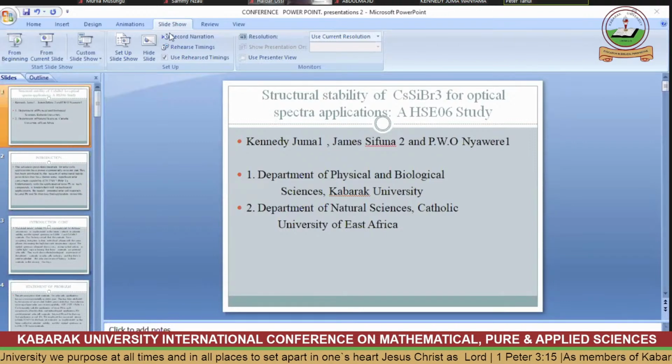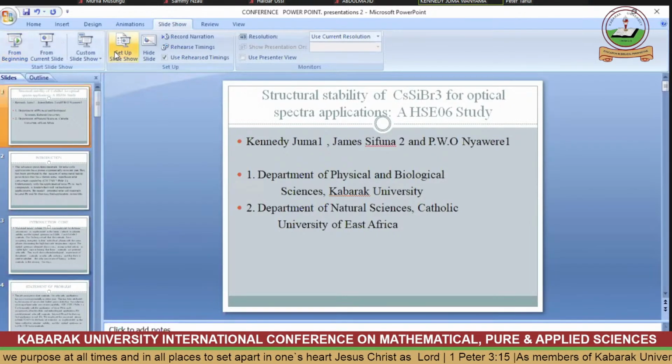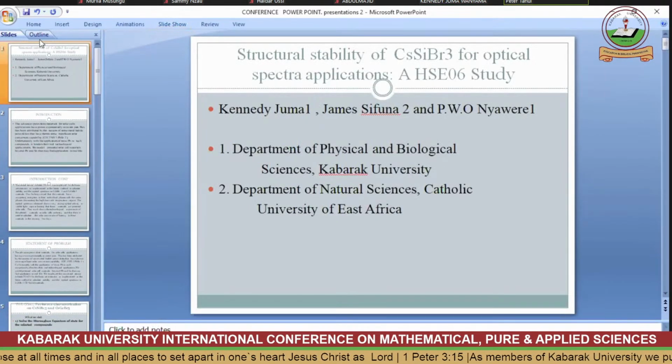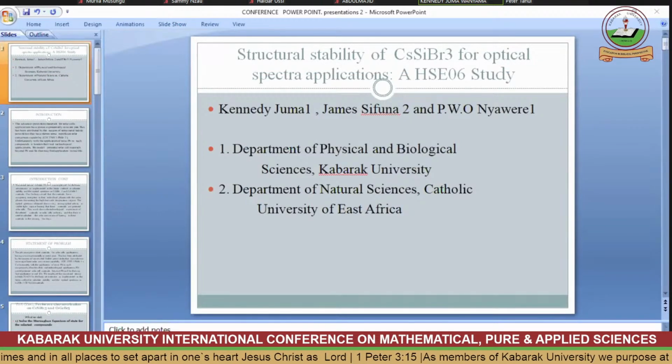You can put that on slideshow so that it's clearer, from the beginning. Is it clear from the end?